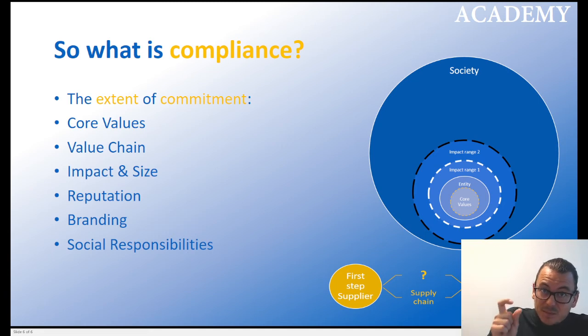At the same time, as I mentioned, be aware of branding, because the more you brand yourself on some issues that are sensitive or that can have a big drawback in case you're not compliant, the more secure you need to be, and the higher commitment you need to have in that area in terms of compliance.